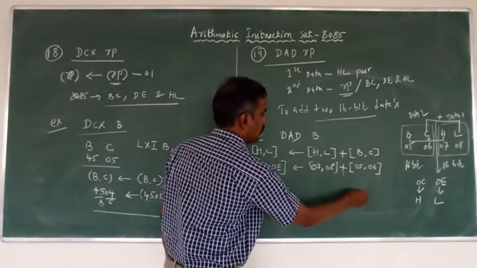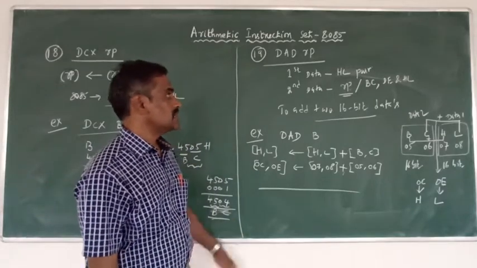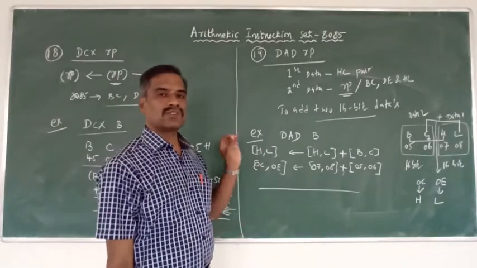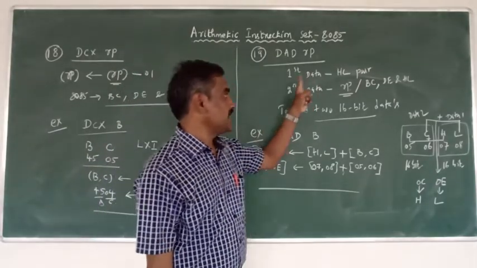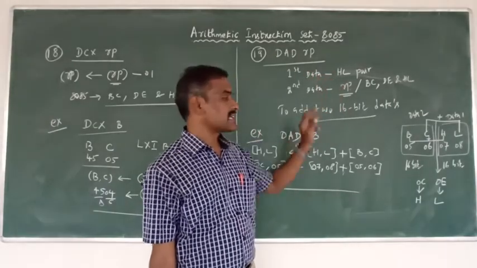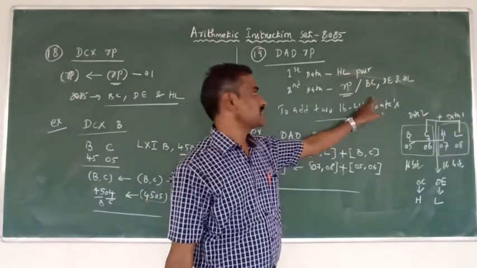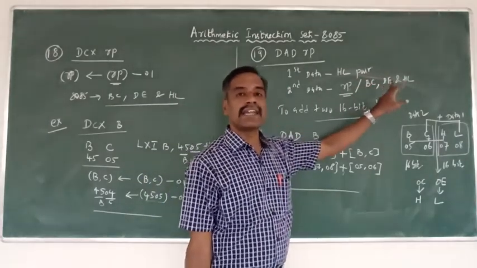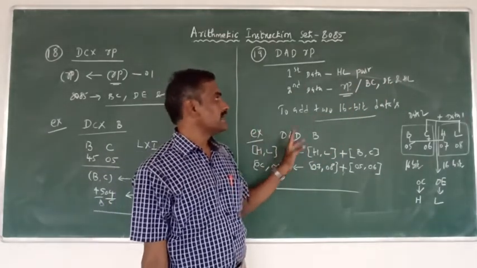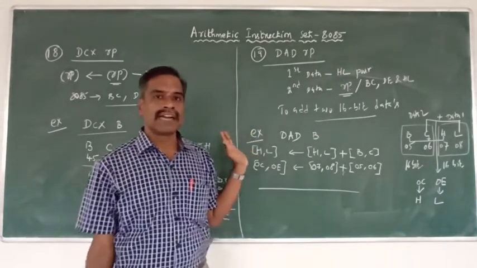This is the operation of adding two 16-bit data. For that we can use the DAD RP instruction. DAD RP means to add two 16-bit data. Data 1 is always in HL register pair content. The second data will be any one of the three register pairs, either BC, DE or HL. And the result is always stored only in the HL pair content.